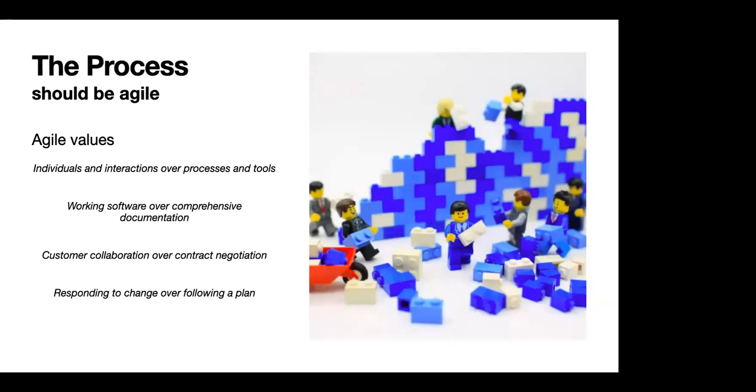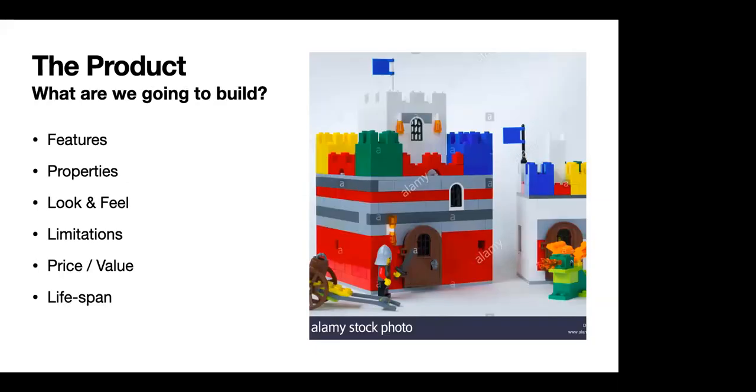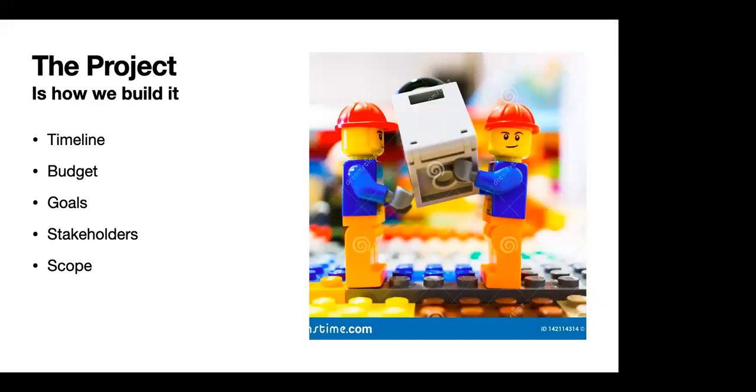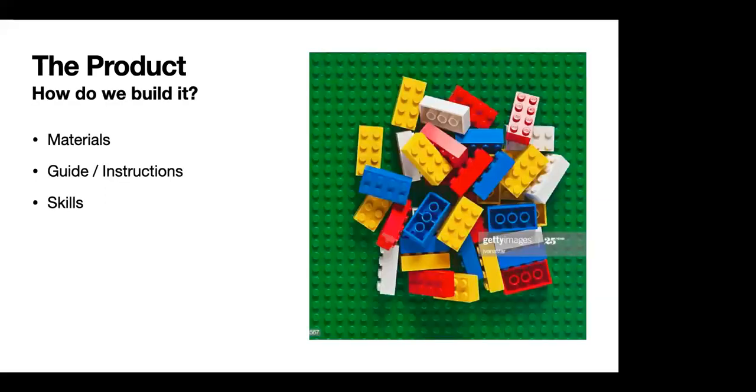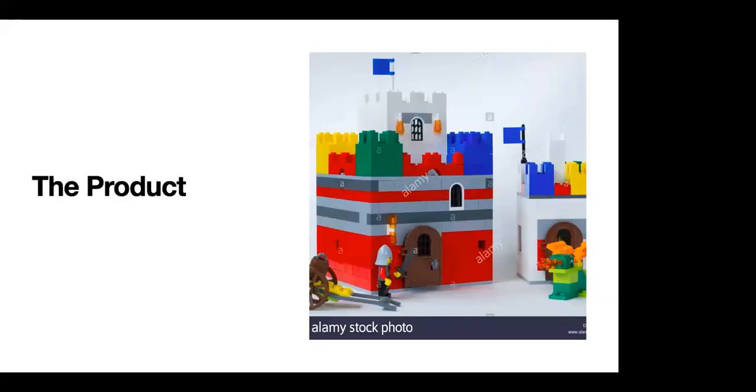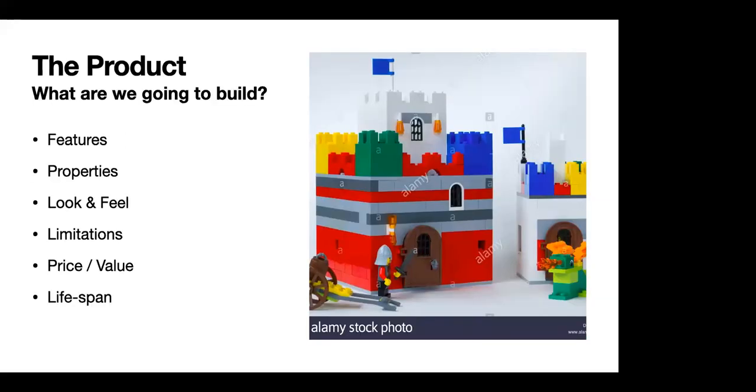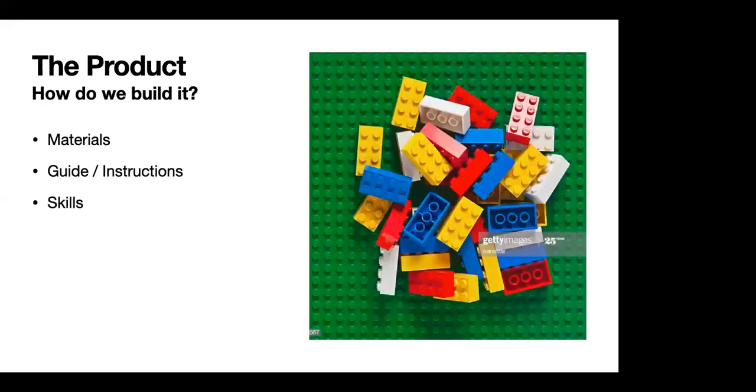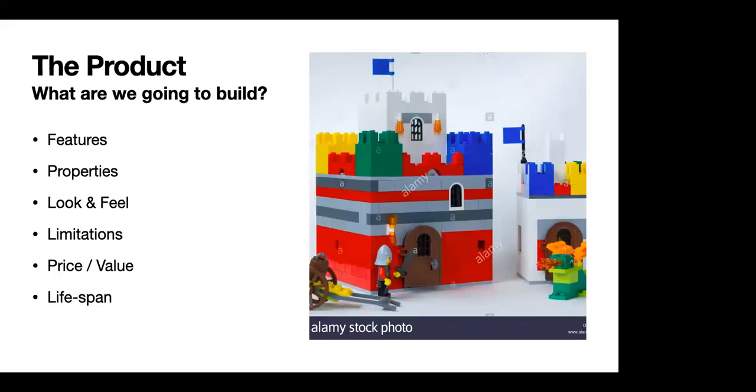Now we are going to build this Lego castle using materials and instructions, and to build this you need skills. If you've not played with Lego before, you need to learn how to play with Lego, right? So you need skills, and you might need instructions.